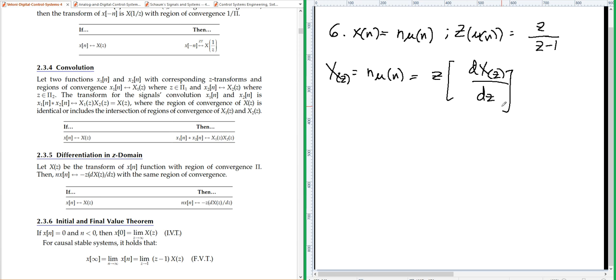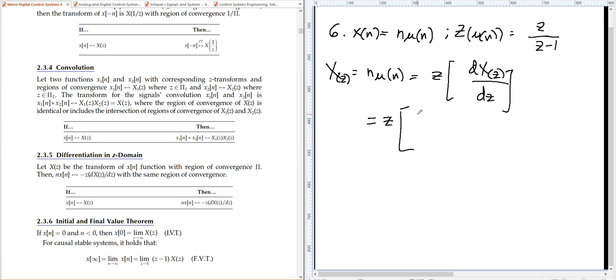So what does this mean? You just get the first derivative of this one, since we multiply by n, then multiply by z. So we have z times the first derivative of z over z minus 1 with respect to z. You can use the quotient rule or the product rule.